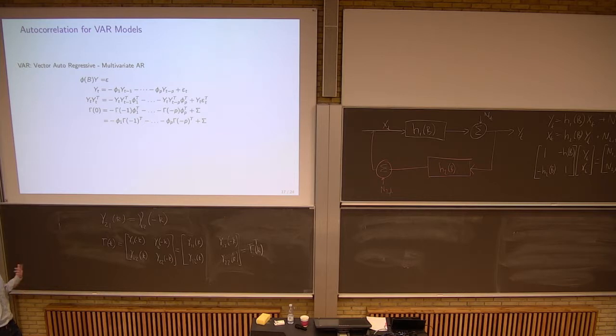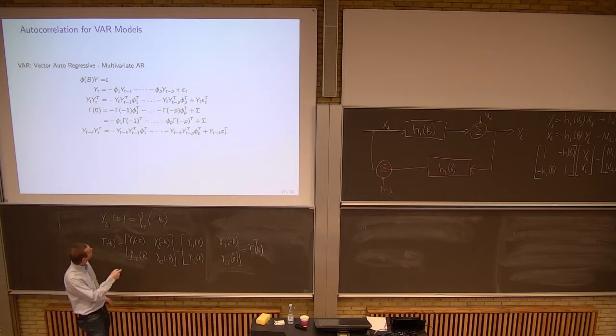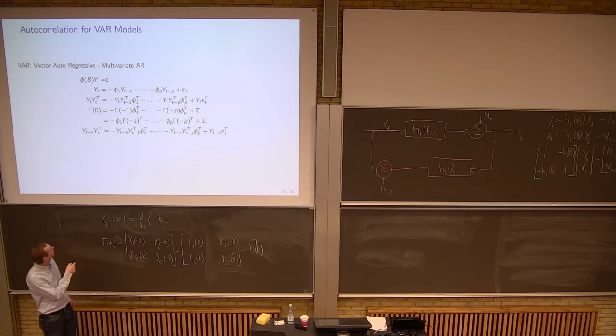Now, if I go to gamma 1, or generically gamma k, what do I get? Well, then I do the same thing as I did up here. Then I look at all these equations here, and what I see is I have to look at the time difference in all of these.